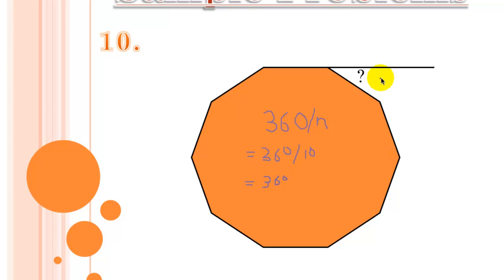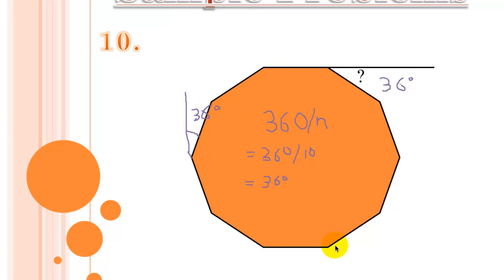So this angle will equal 36 degrees, and this principle also applies to all the other exterior angles. So this angle, pardon the messy line, but theoretically this angle would also equal 36 degrees.